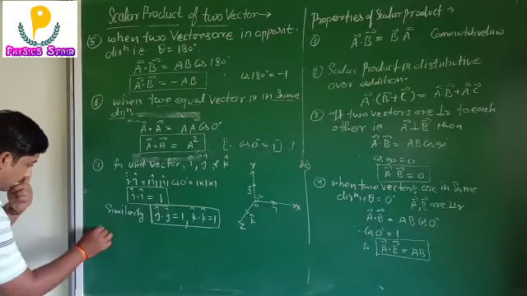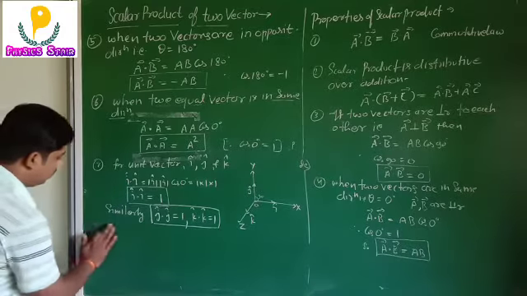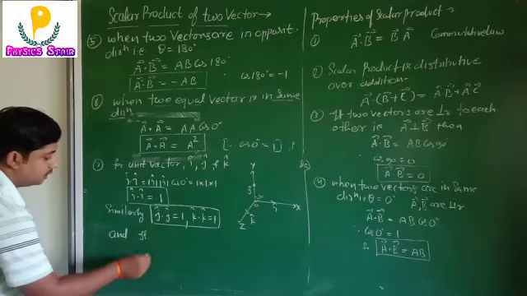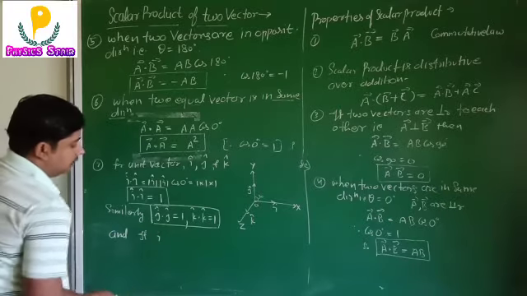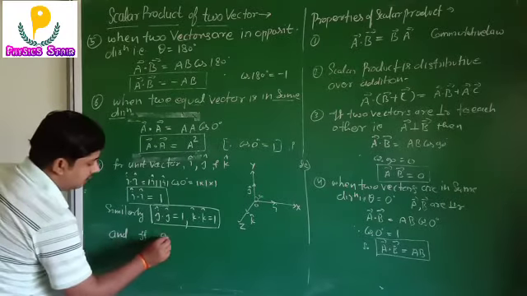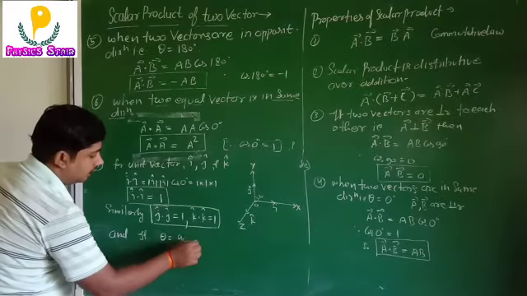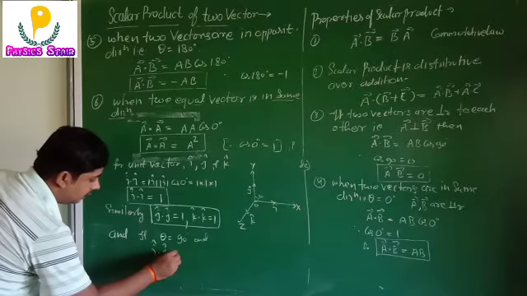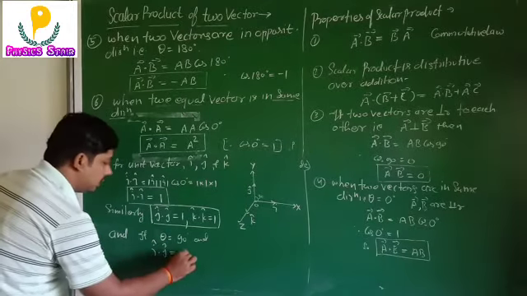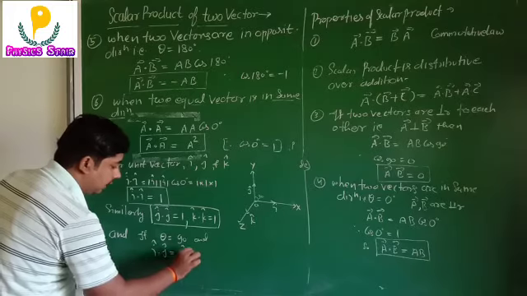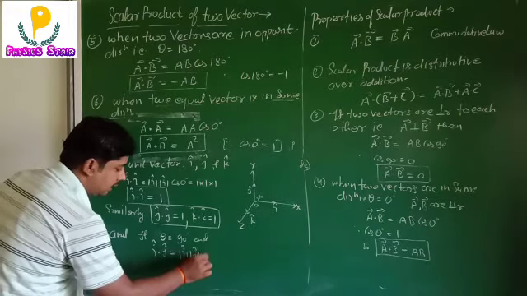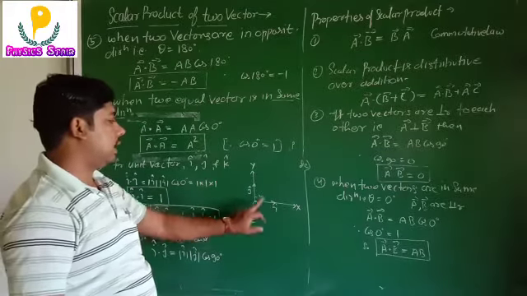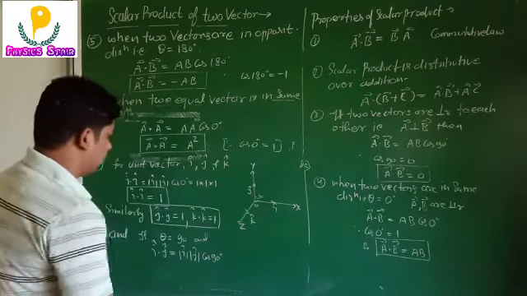So theta is equal to 90 degree and I dot J is equal to the magnitude of unit vector I times the magnitude of unit vector J times cos 90 degree, because the angle between I and J is 90 degree.